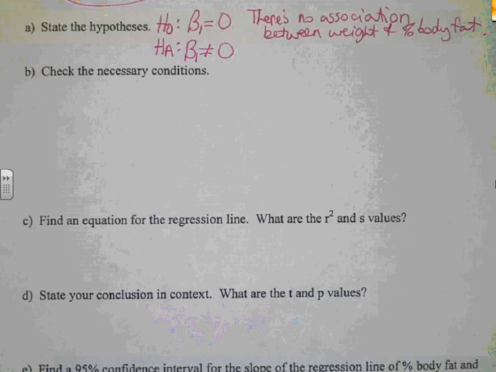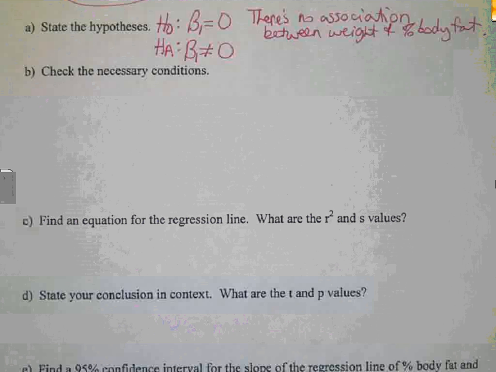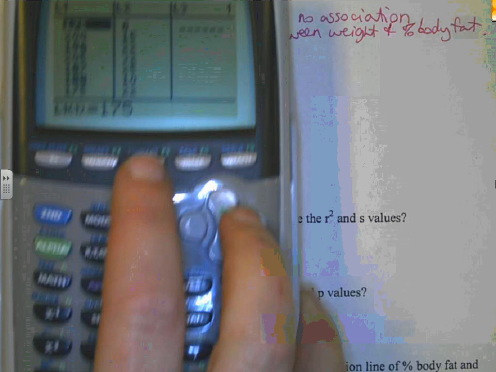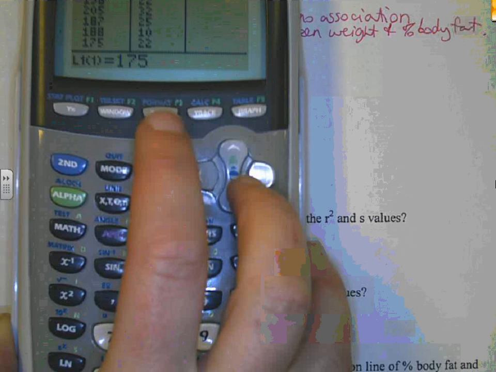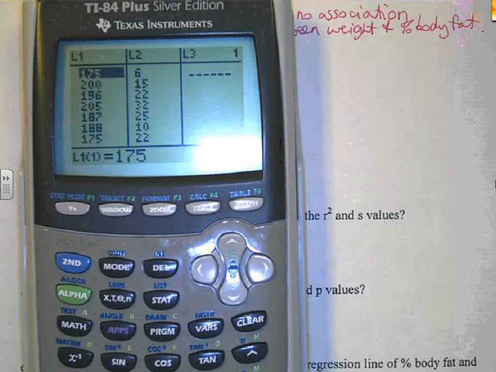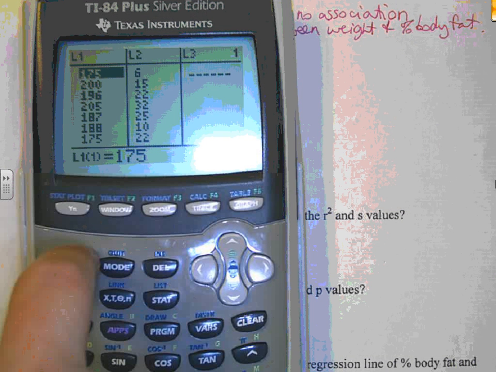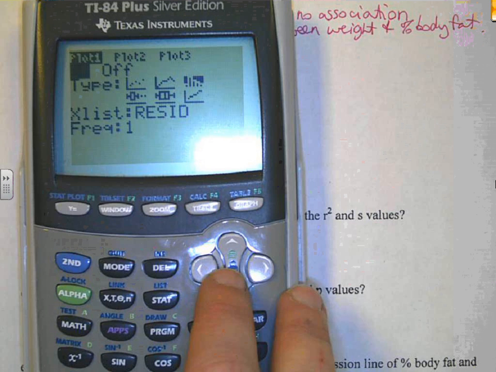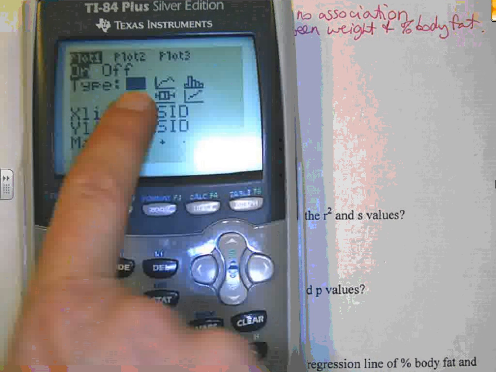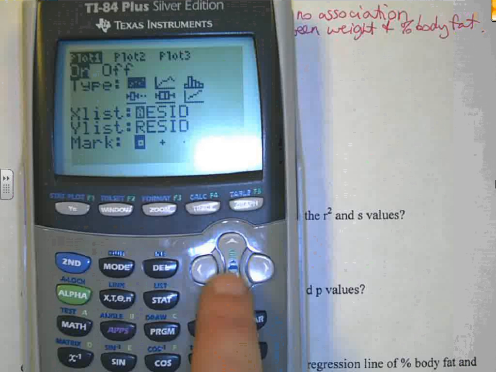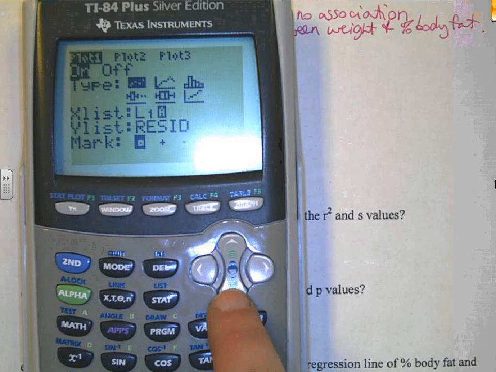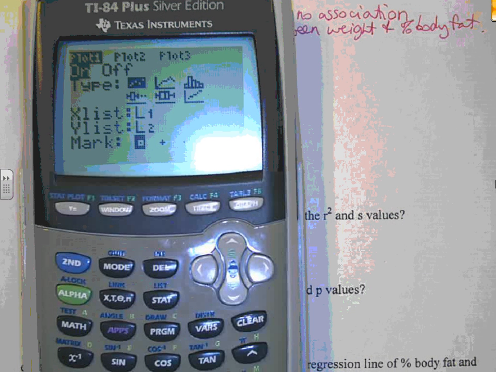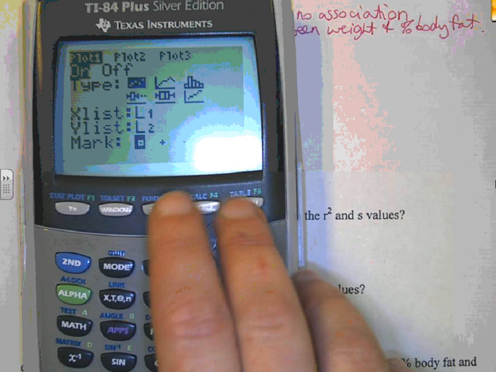So, does everyone remember how to get a scatter plot? If not, second y equals. Make sure it's highlighted on the scatter plot, and it should say L1 and L2 for your x and y list. Graph.